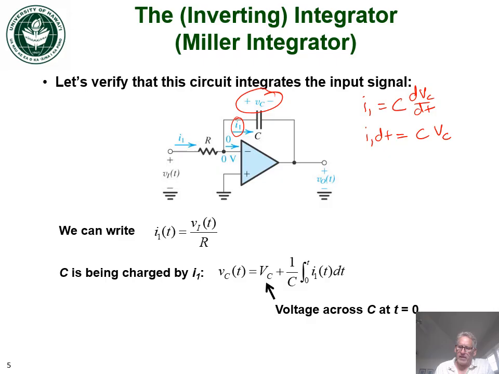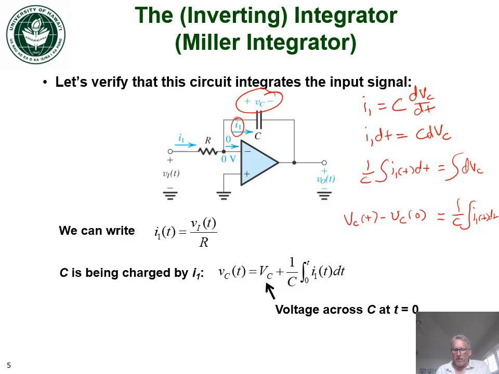We can integrate both sides here, and we'd write that 1 over C times the integral of I1 of t dt is equal to the integral of dVc. What we get from that is Vc of t minus Vc at time 0 is equal to 1 over C times the integral of I1 of t dt.